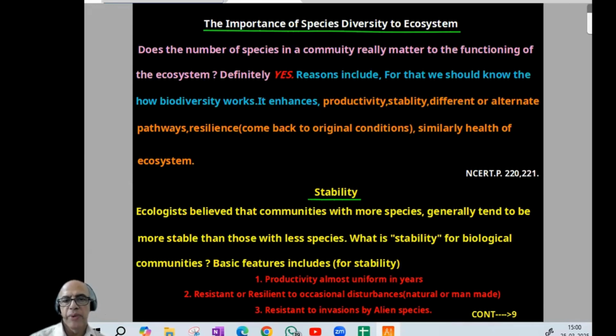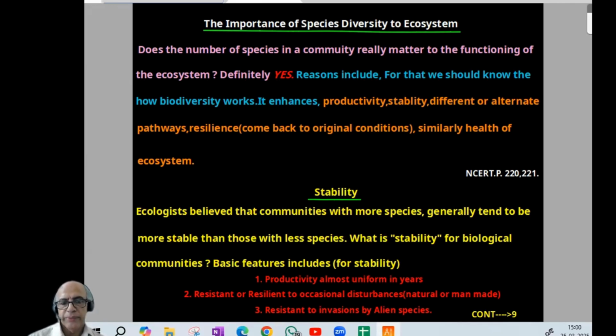Importance of species diversity to the ecosystem. So naturally a question: does the number of species in a community really matter to the functioning of the ecosystem? Is there a relation between the number of species and the functioning of the community? Yes, definitely it is yes. So you may ask the reason. For that we should know how biodiversity works.